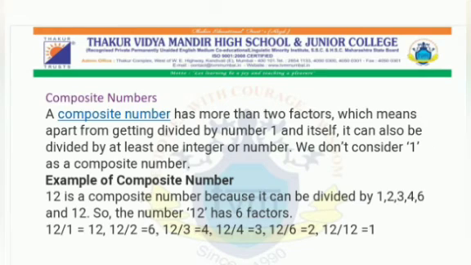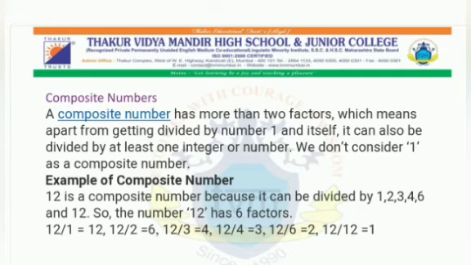Let us understand more. Composite number. A composite number has more than two factors, which means apart from getting divided by 1 and itself, it can also be divided by at least one integer or a number. We do not consider 1 as a composite number.